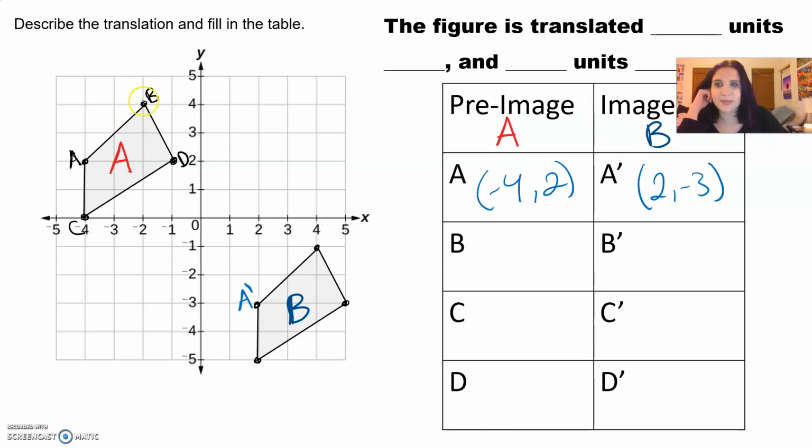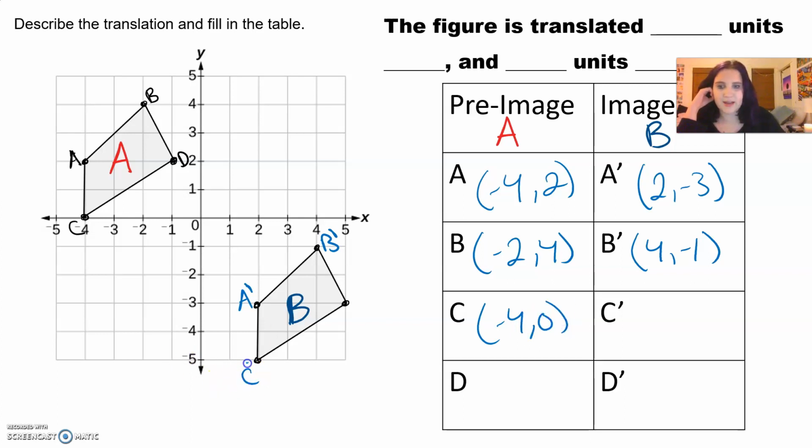All right, point B on the pre-image is -2, 4. And B prime will be the corresponding point, so this upper right corner. And that point is 4, -1. Point C on the pre-image is -4, 0.